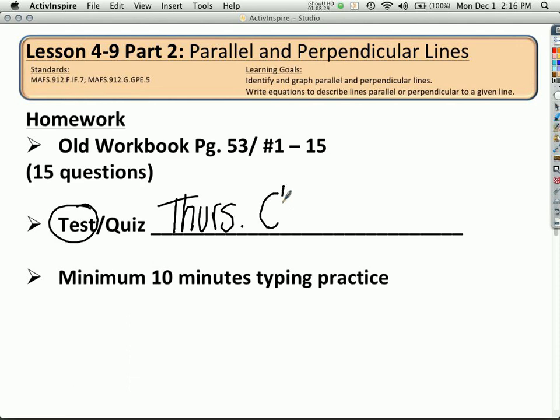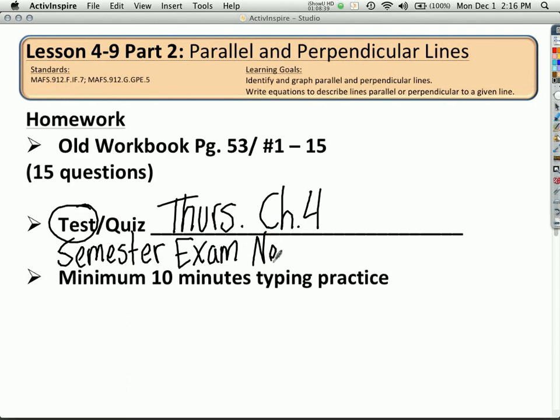And that will be chapter 4. And then you have a semester exam next week. And that is during your longest block. The longest block for you guys is this block, so yours is technically on Monday. However, I'm going to ask possibly permission to move it a week so that we don't have the pressure of having it 1 week from today. Because that's a lot to do in 1 week to prepare for.